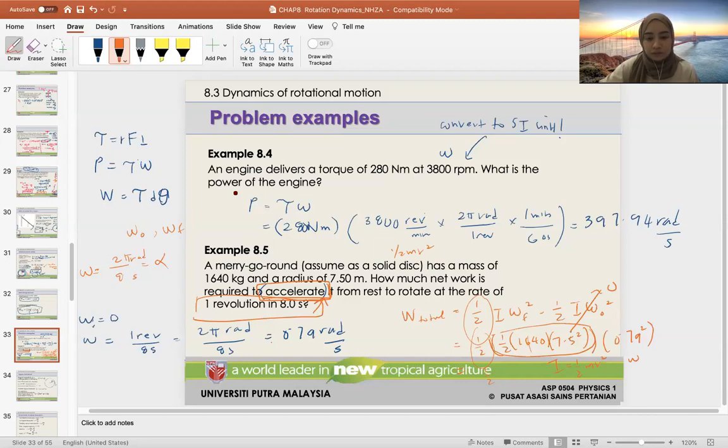So take note, write down the unit first. If the unit is radians per second, then it's giving you angular speed. If it says 1 revolution in 8 seconds per second, then you have 2 seconds there, and it becomes acceleration. So please read the question carefully.